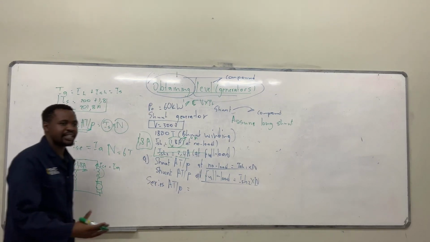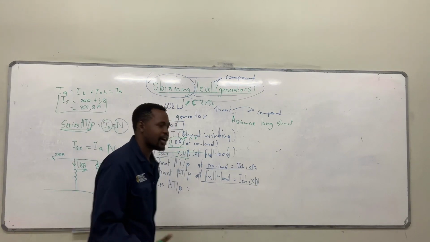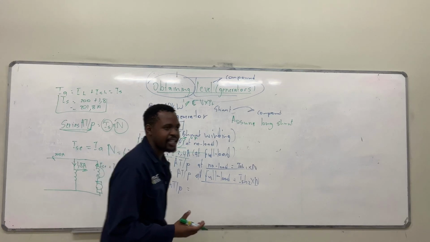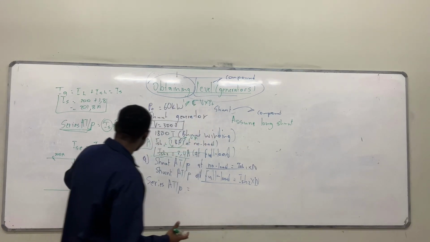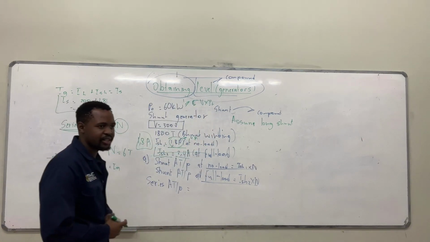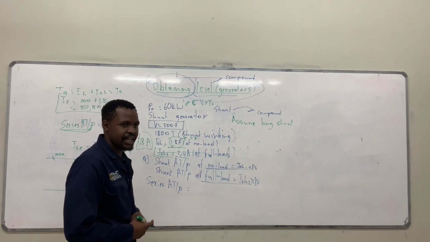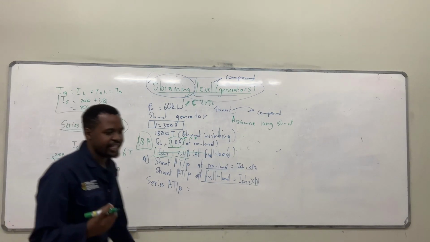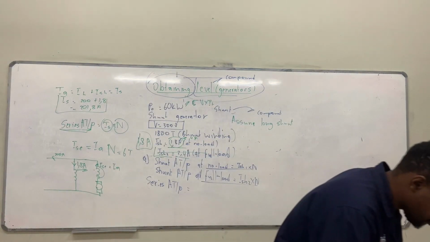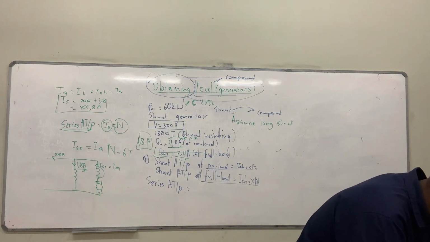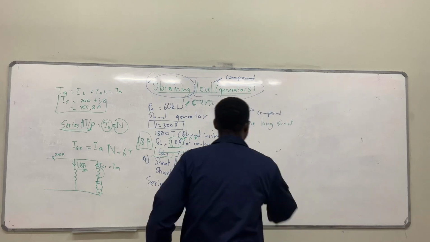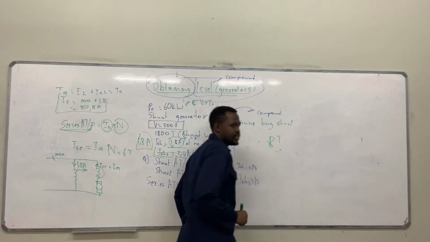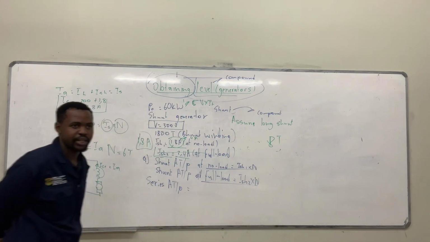But what happens if, let's say, I work for that company and I need series field windings, and they say in the stores we don't have series field windings of 6 turns. We have windings with 8 turns. What are you going to do?